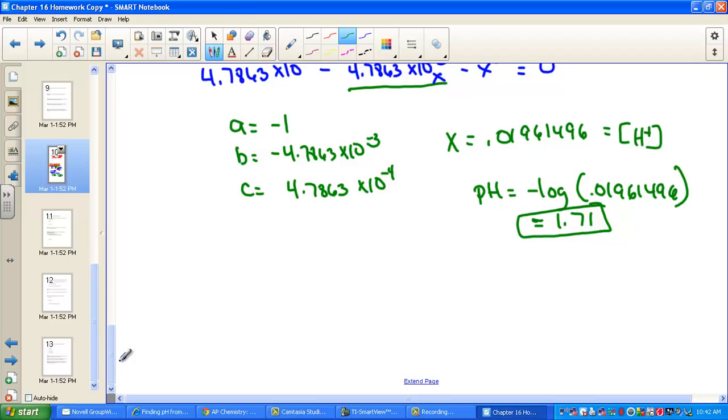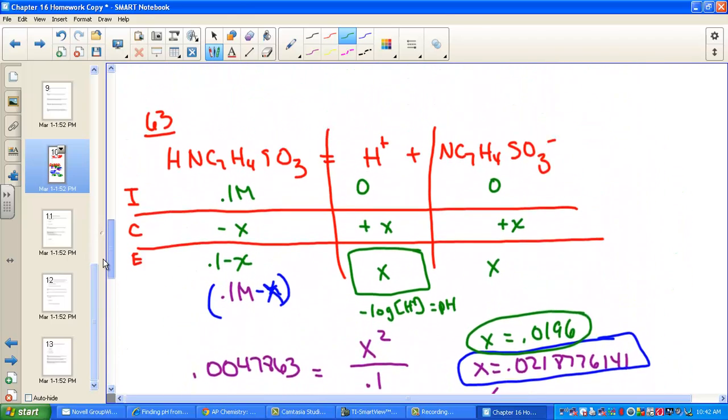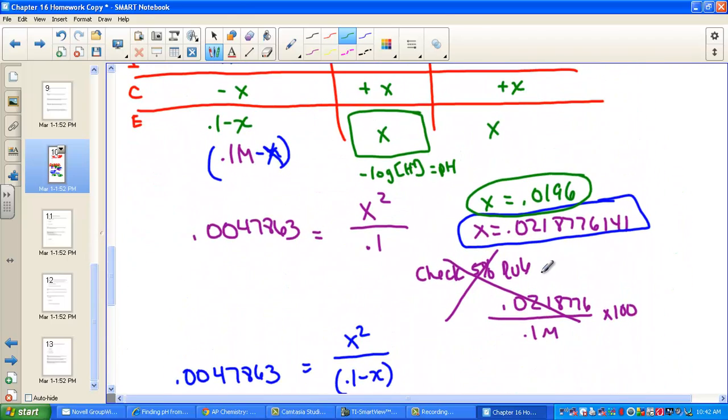1.71. Now, with this problem, just to reiterate, backing up this long journey, we broke the 5% rule. I like to try it first, to make the calculations easier, taking 0.1 times the calculated Ka, square rooting to find the value of x. When we check the 5% rule, just remember what we're checking: percent ionization.